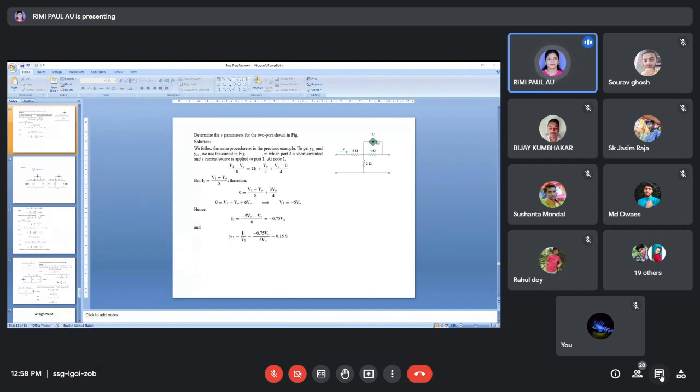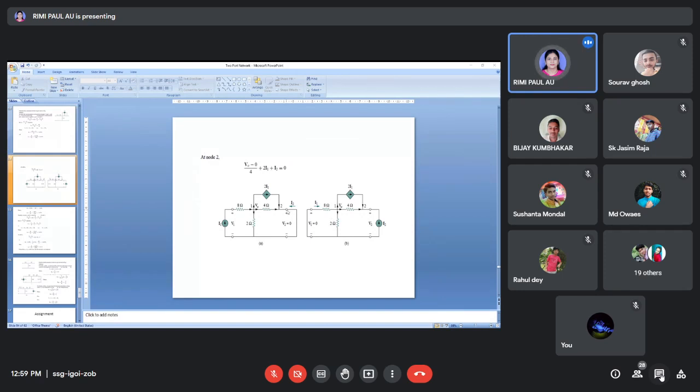Now here you have to find out the y parameters. So how to find out? First, give supply here V1. This would be a short circuit, so no V2 is present. V2 is equal to 0.